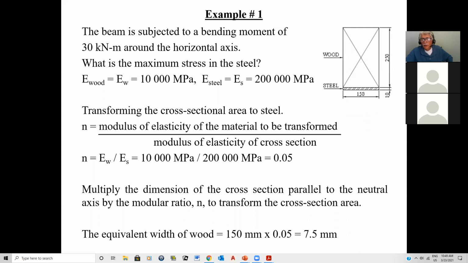The equivalent of this wood in steel would end up being only 7.5 millimeters thick. In other words, it's going to be 20 times smaller than it actually is. That's what that amount of steel would represent, had that been steel in the first place.